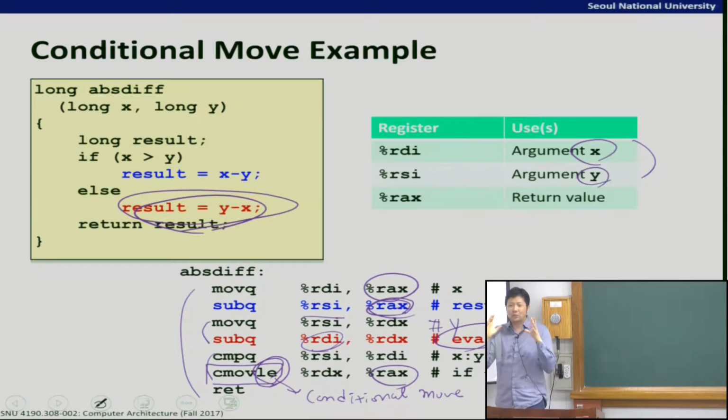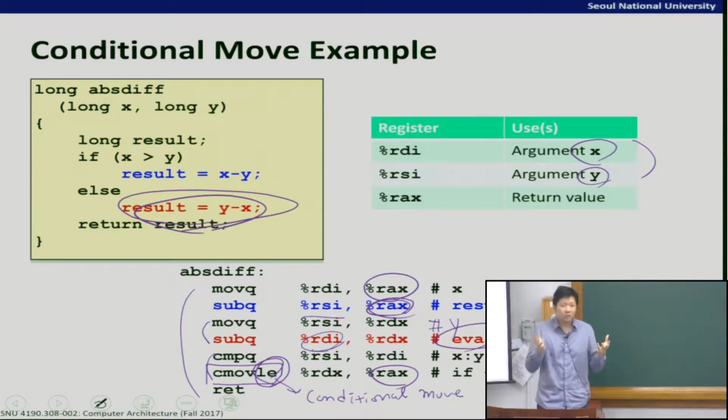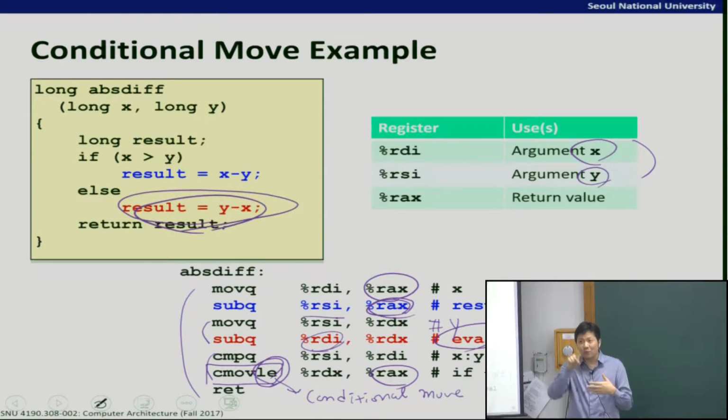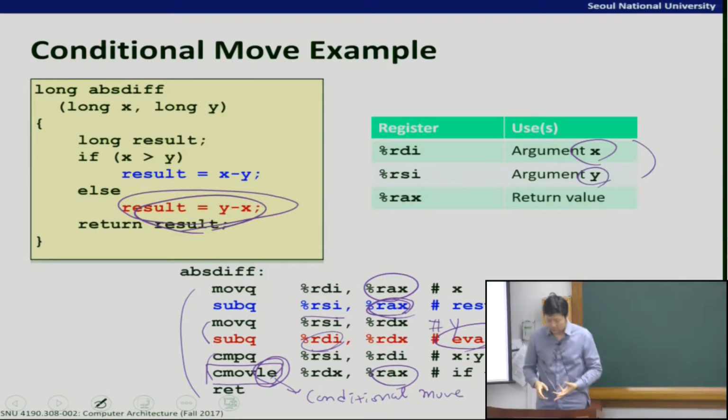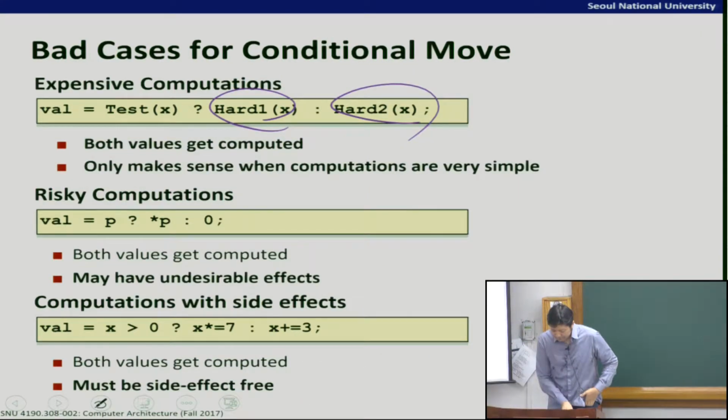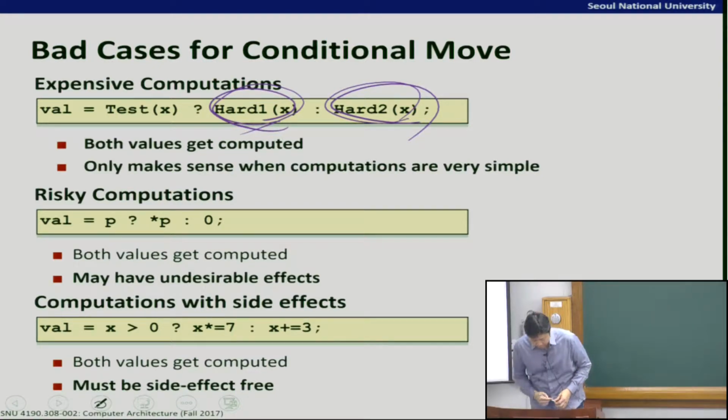That's a waste, because in the original version using a branch, we only executed one of the two paths. We compute the return value for both cases and selectively overwrite the return register to return the correct value. If both the then and else expressions are very complex, there will be a lot of computational waste. So using conditional move makes sense only when these computations are very simple in both cases.